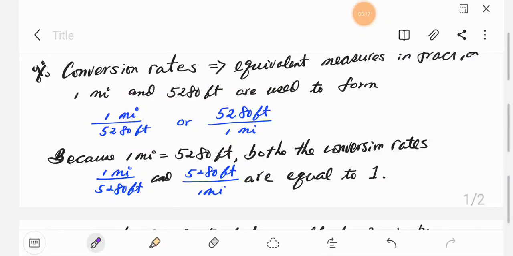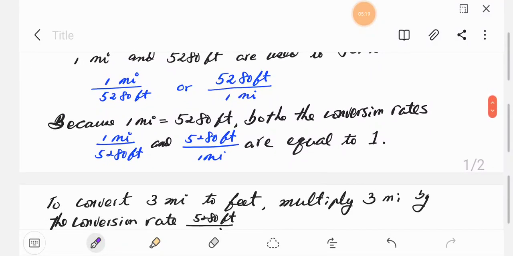Each fraction is equivalent to 1, because 1 mile is equal to 5280 feet. The numerator and the denominator are equal, so the conversion rate is equal to 1. When we convert a unit to a different unit, we use the conversion rate.